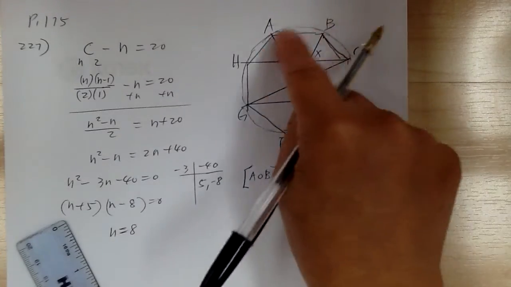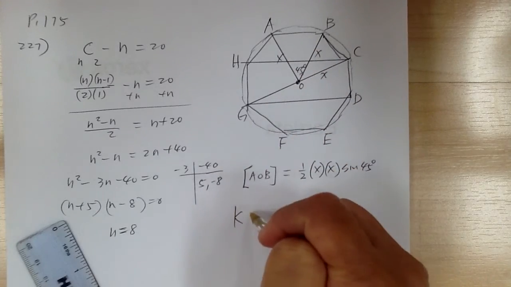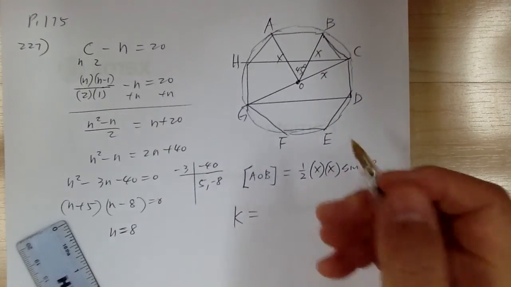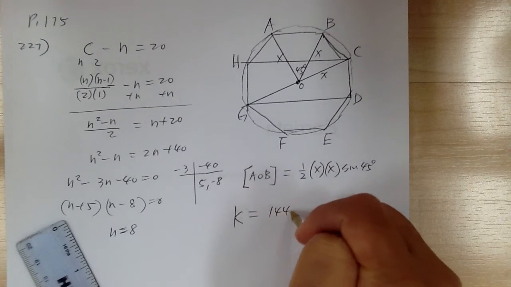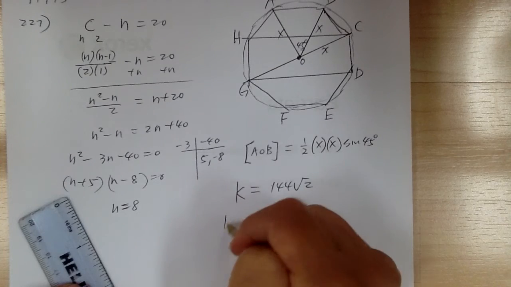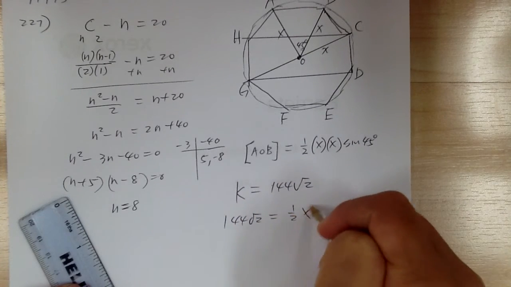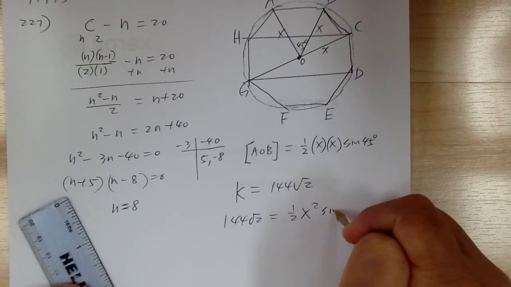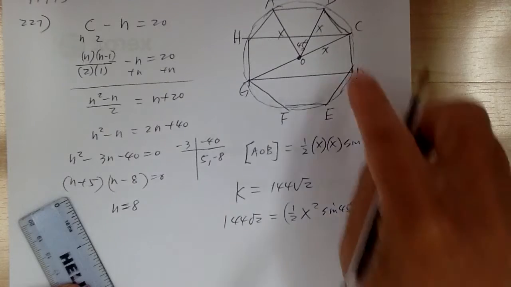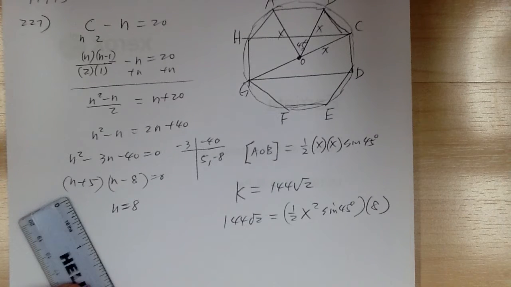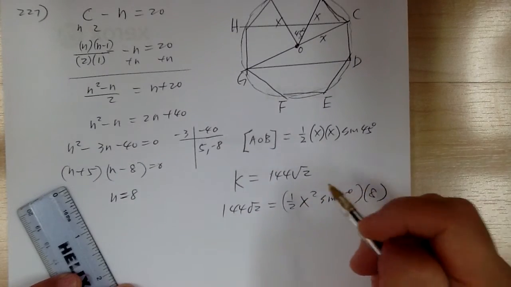And the entire polygon is equal to 8 times that. The entire polygon is 144 square root of 2. So 144 square root of 2 equals 1/2 x squared sine of 45 degrees times 8, because there are 8 of those triangles. Let's simplify a little bit.